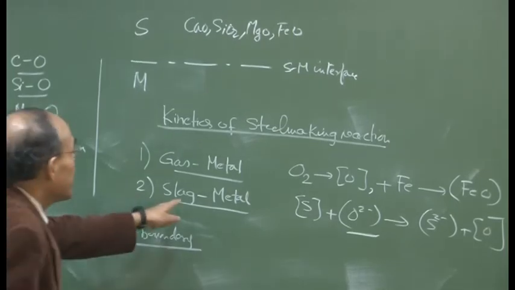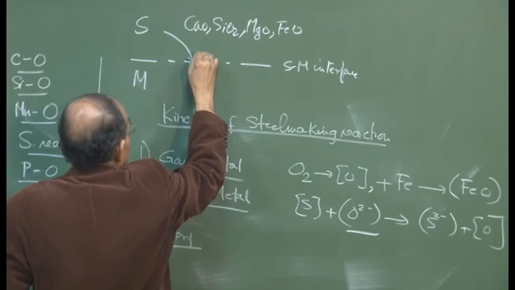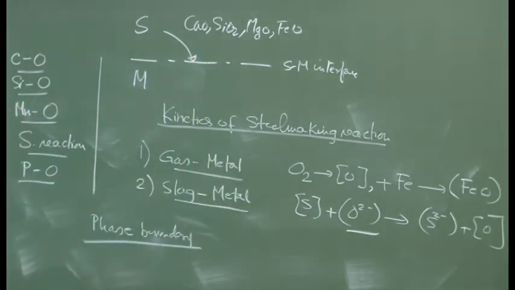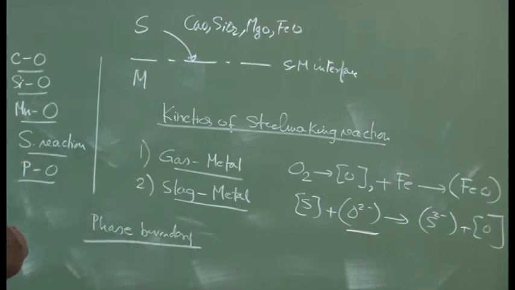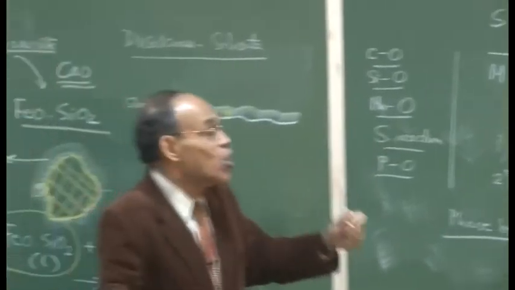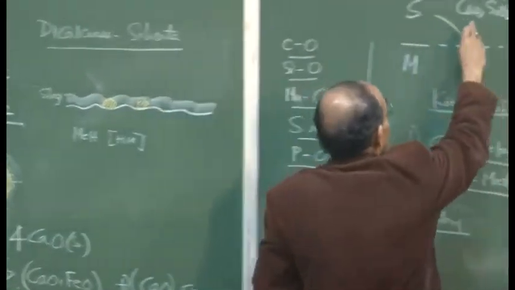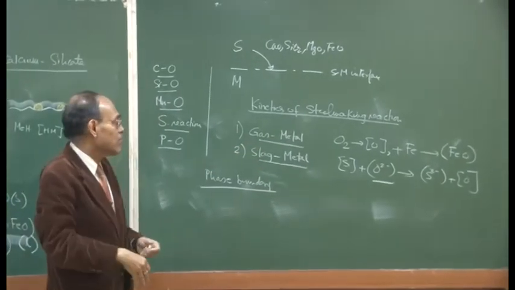The reaction can only take place provided the CaO is available at the interface. You must understand, as the reaction takes place at the interface, CaO is going to be consumed. Okay? There will be no CaO left after some time. So, a continuous transfer of CaO from the slag to the interface is necessary in order to drive this reaction in the forward direction.